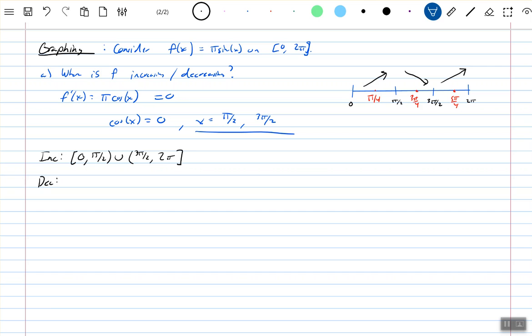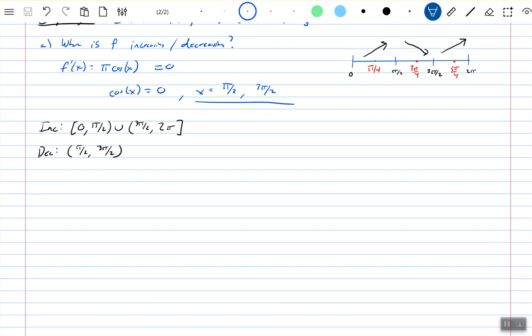And then we are decreasing on the rest, or pi over 2 to 3 pi over 2. Now, by the way, if you ever see me make a mistake on one of these things, please let me know. That way I can make sure it gets fixed. All right? So now we have where it's increasing and decreasing.